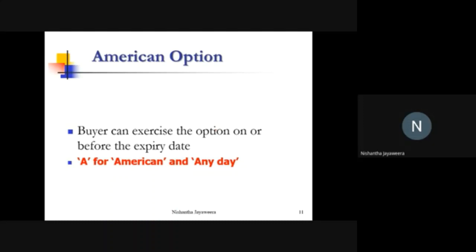The American option gives the flexibility to the option buyer to exercise the right on or before the expiry date. So basically any day, any time until expiry, the buyer can exercise his or her right. Is it clear?